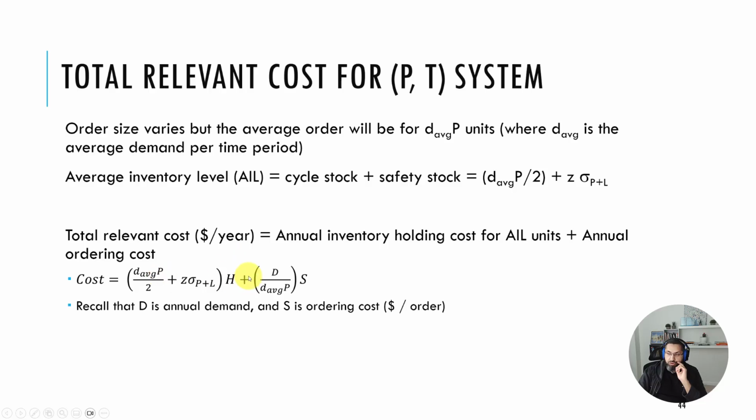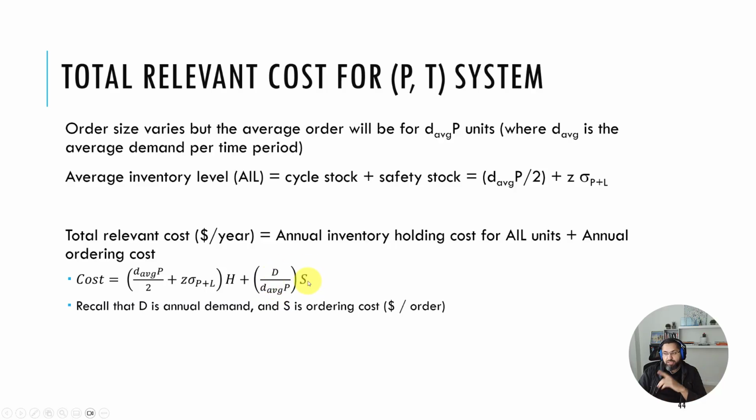Now we want the ordering cost. So ordering cost is going to be number of orders times S. S is the cost to place one order. So the number of orders is given by D over average demand times P. Notice that D average times P is kind of like our Q now. That's like our average order quantity. So we divide D by our average value for Q, the average order quantity, which is D average times P, to get number of orders.